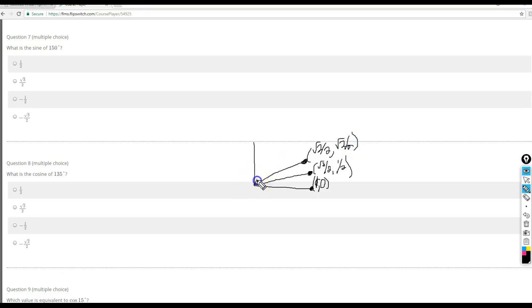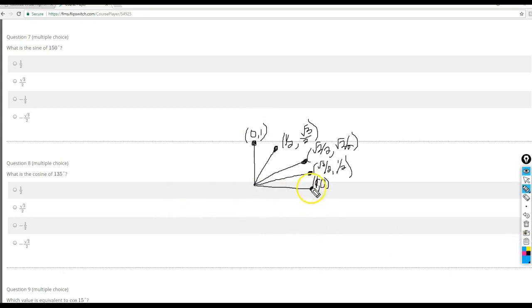At 60 degrees, we have 1/2 and the square root of 3/2. And then at 90 degrees, the coordinates would be 0, 1.